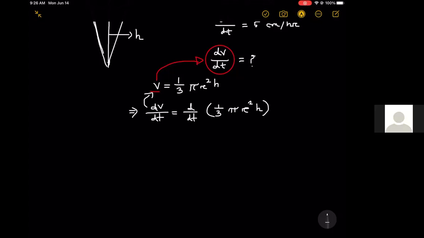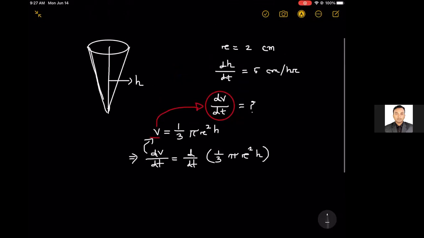So to take into account the fact that the height is changing, would you have to plug in the dh over dt into the h at some point? That's a good question, because I have dh dt, right?